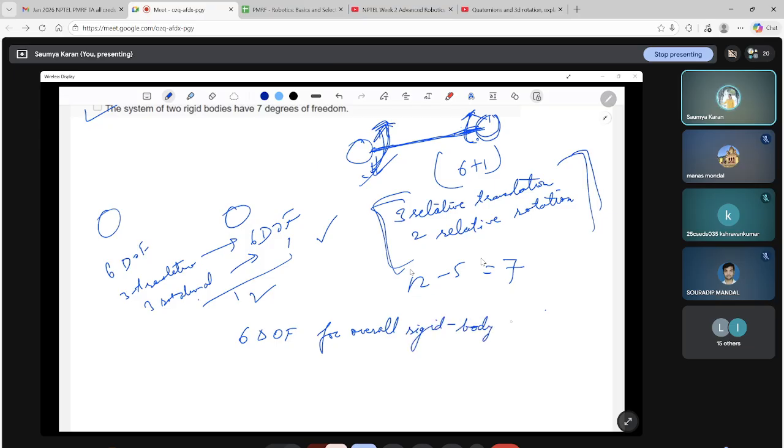I hope this makes sense. So a revolute joint adds 1 internal degree of freedom to a system that otherwise moves as a rigid body with 6 degrees of freedom. All right.